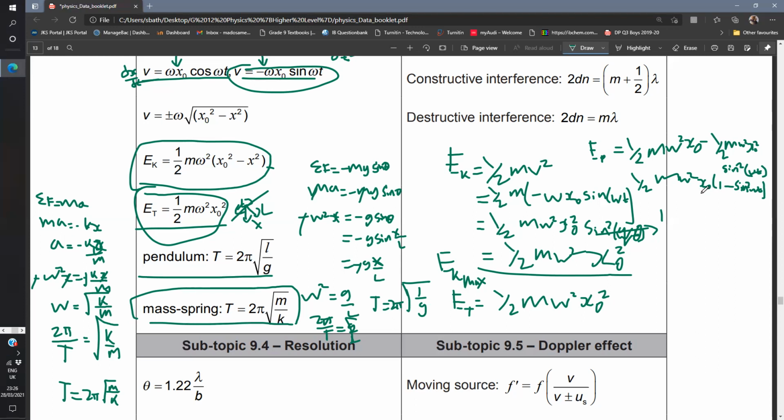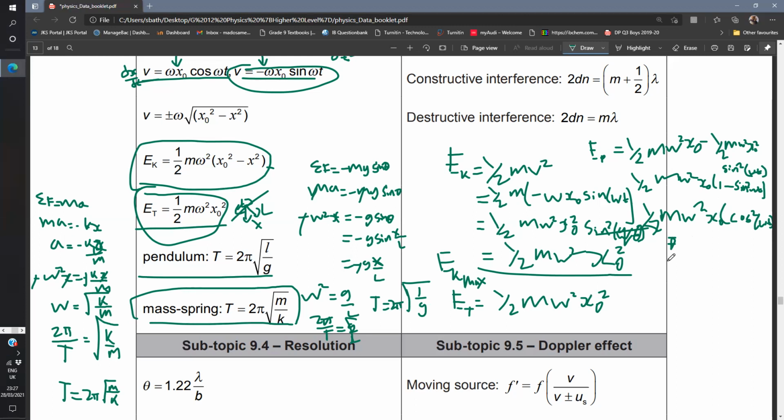Okay, so from our trigonometric identities, this is going to be equal to cosine squared omega t.